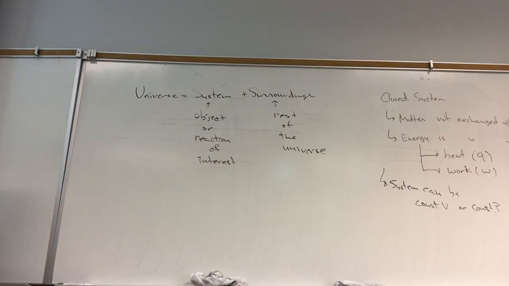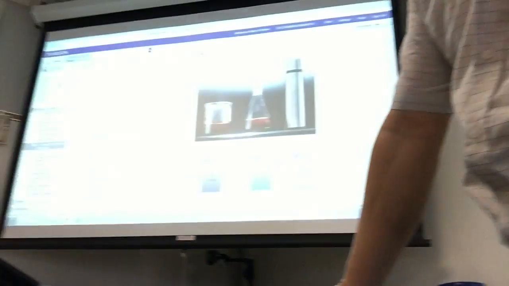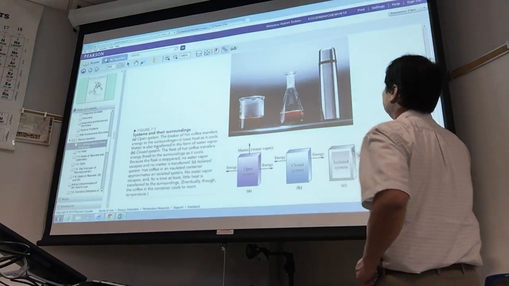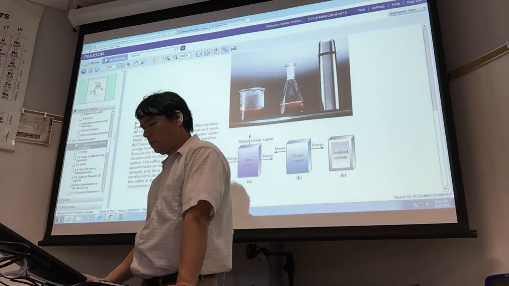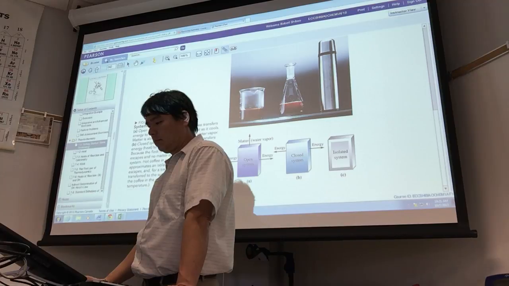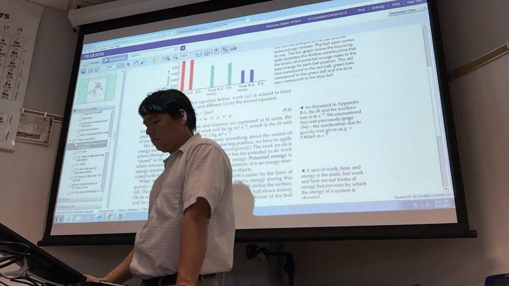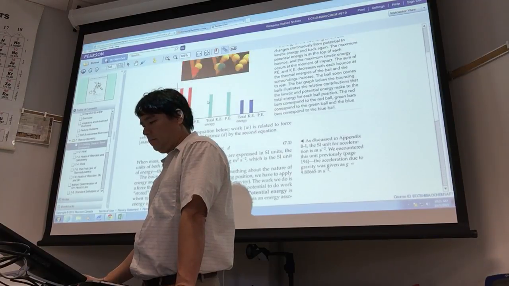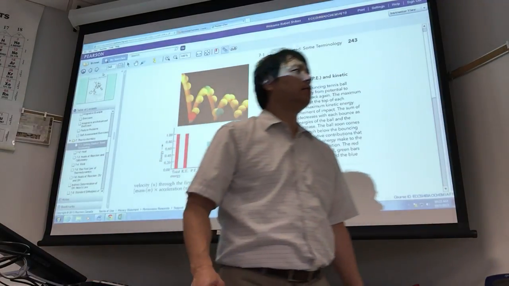And so this would be like having a totally insulated container. So let's take a look at energy in a little bit more detail here.